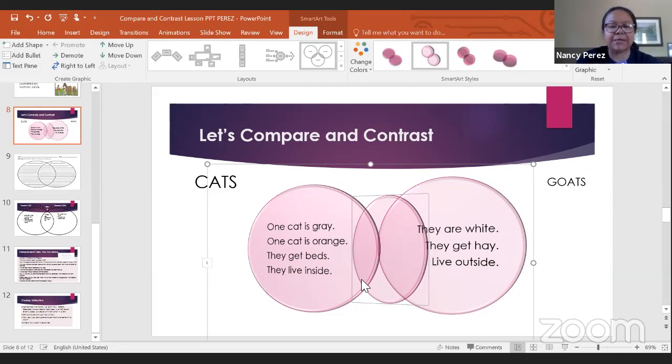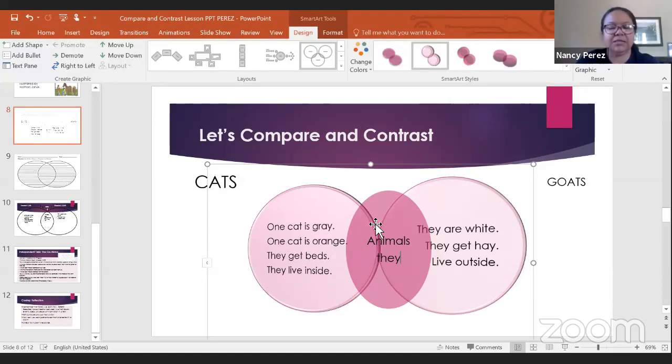Let's go back. We know that they both are what? Goats and cats. What are they? Are they animals, things, cars, or people? They are animals. Very good. They're both animals. Okay. Do they both get something? Yes, they did. The cats got a bed and the goats get hay.